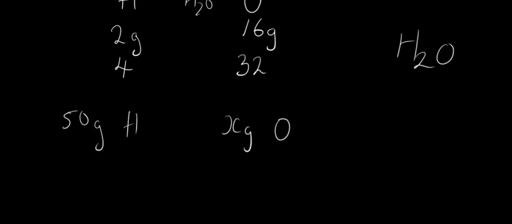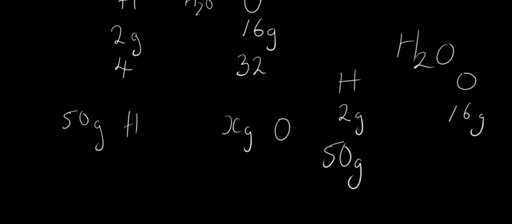You can recall that originally the mass of hydrogen is 2 grams, while that of oxygen is 16 grams. You know how we got this from the atomic masses. Then you now have 50 grams of hydrogen. How many grams of oxygen will you have?